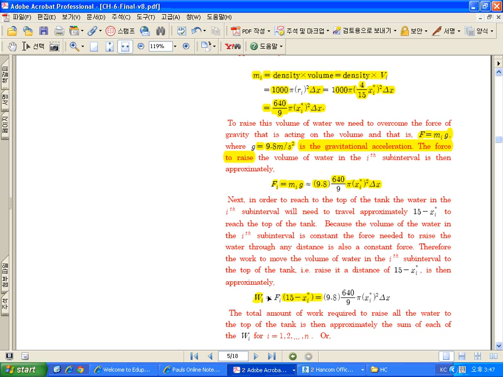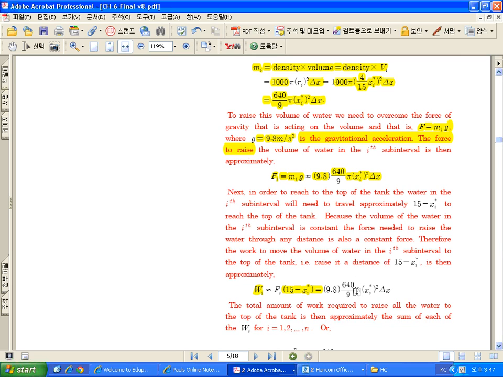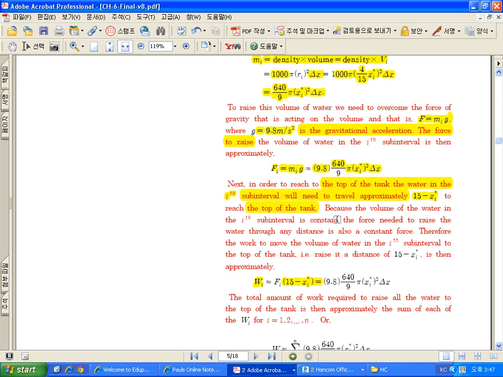So we need Wi, which is Fi times the distance moved. We have the 15 meter height. In order to reach the top of the tank, the water in the ith subinterval will need to travel approximately 15 minus xi star from this point to the top. So the distance moved can be written as 15 minus xi star.